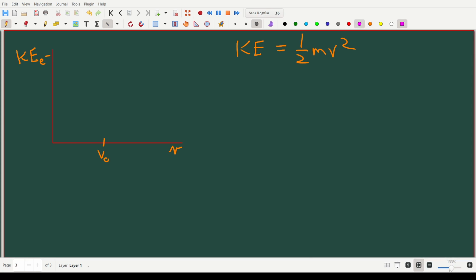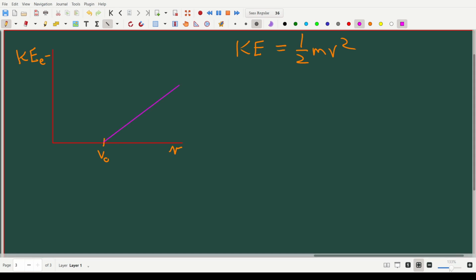And what you observe is that as you increase the energy, as you increase frequency, the energy increases linearly. In fact, I'll draw it as a straight line, like that. So as you increase the frequency, the kinetic energy of the electron goes linearly with the frequency.